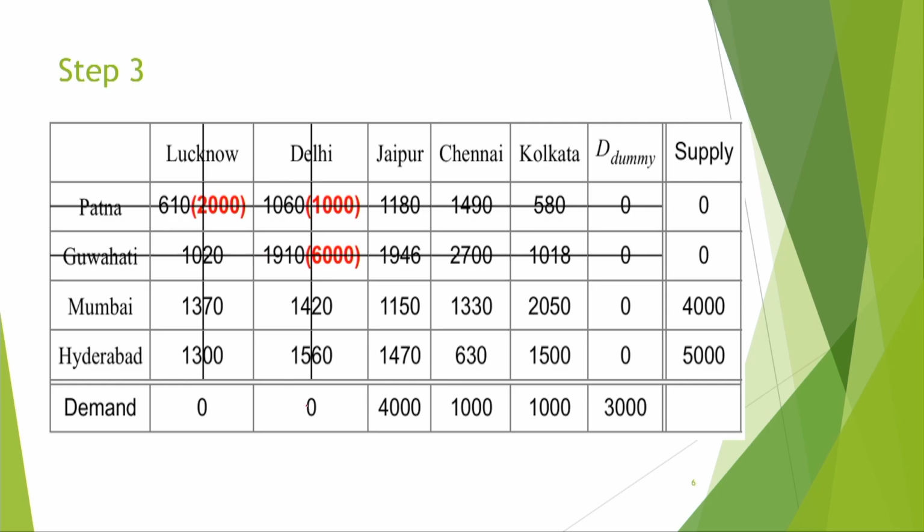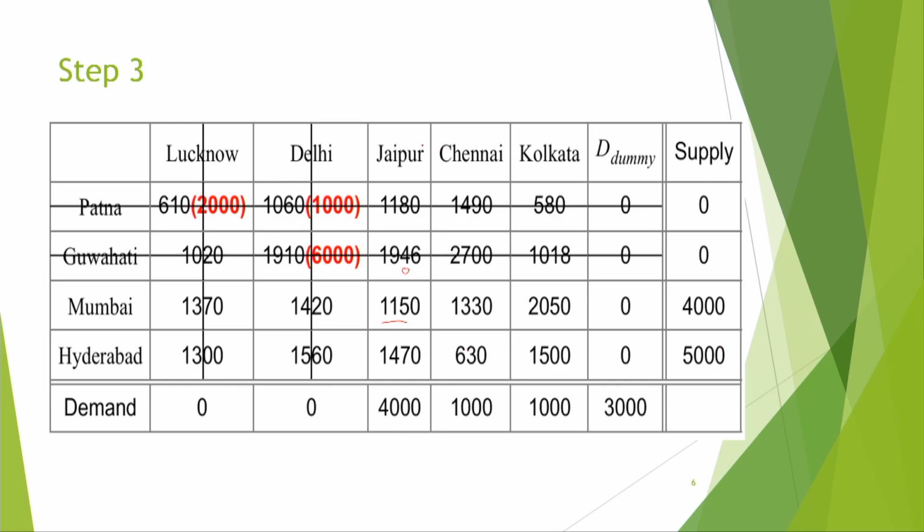Now, what you can do is allocate. I would have put 0 here, then naturally I may have a tendency to put some amount here in the Mumbai Jaipur cell, and how much can I put? 4000. If I put that 4000, I can either remove Jaipur or remove this one.